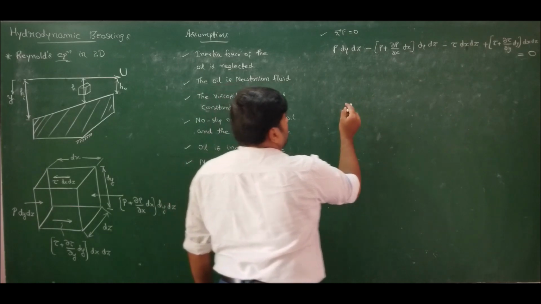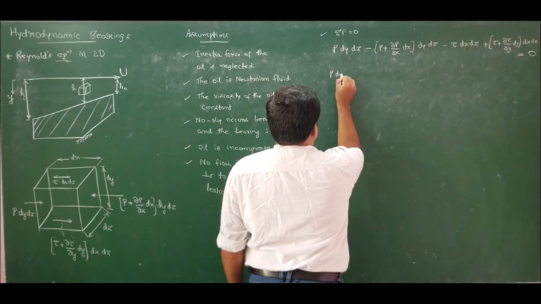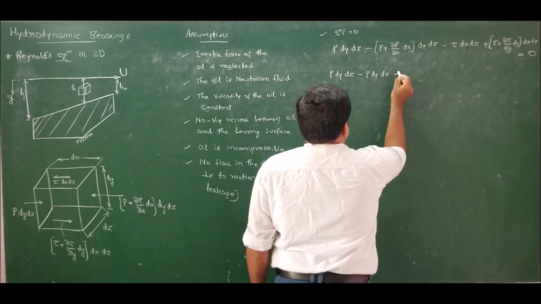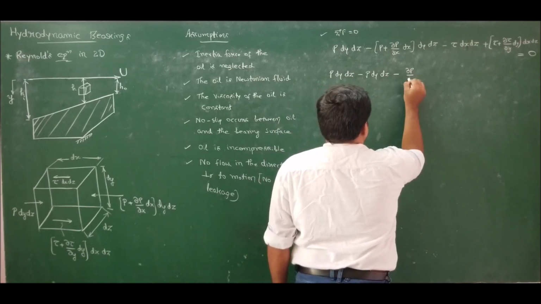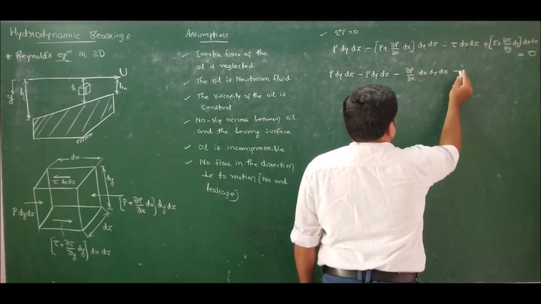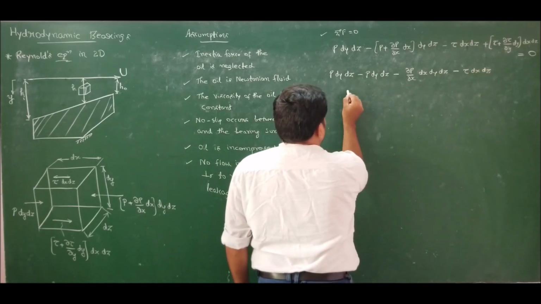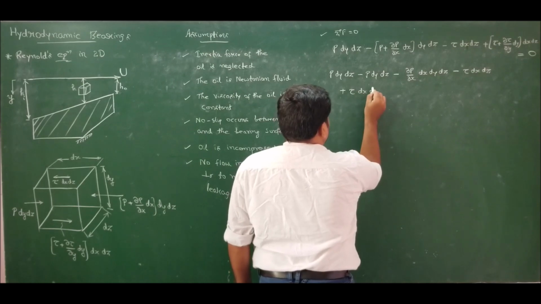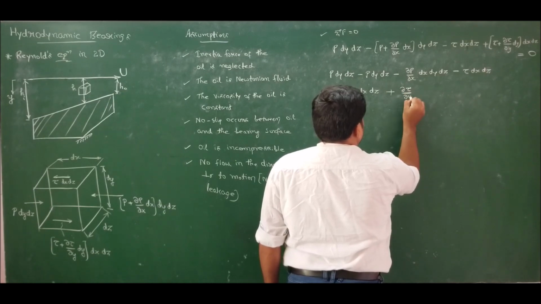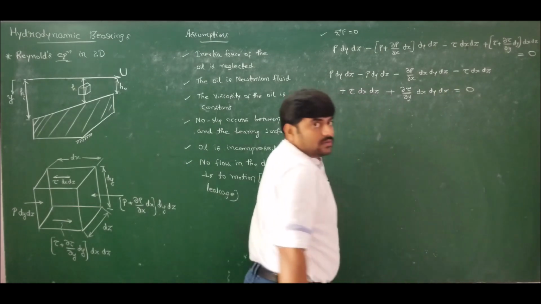Right. So now if I simplify, what will I get? I will end up with P dy dz minus P dy dz minus ∂P/∂x dx dy dz minus tau dx dz plus tau dx dz plus ∂tau/∂y dx dy dz must be equal to 0.